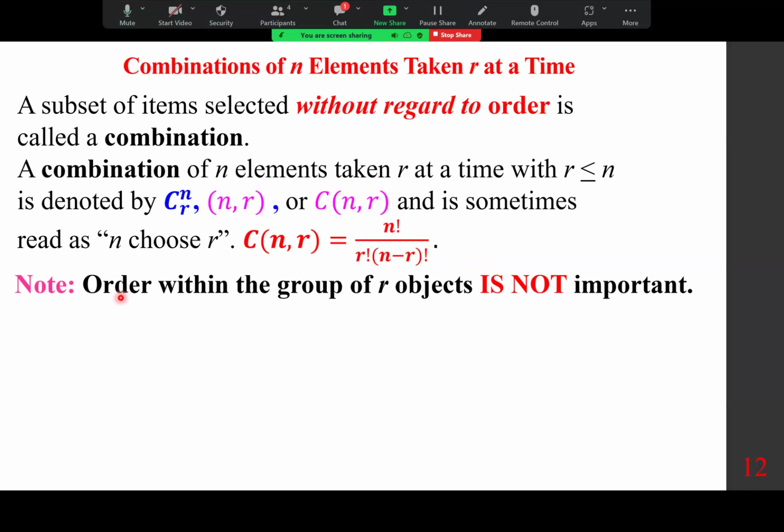The most important difference between combination and permutation is that order within the group of r objects is not important.